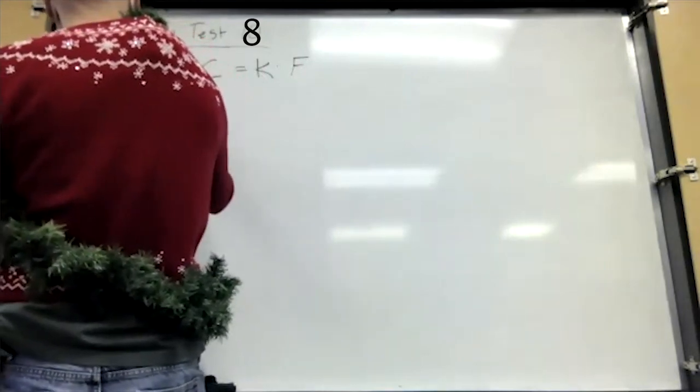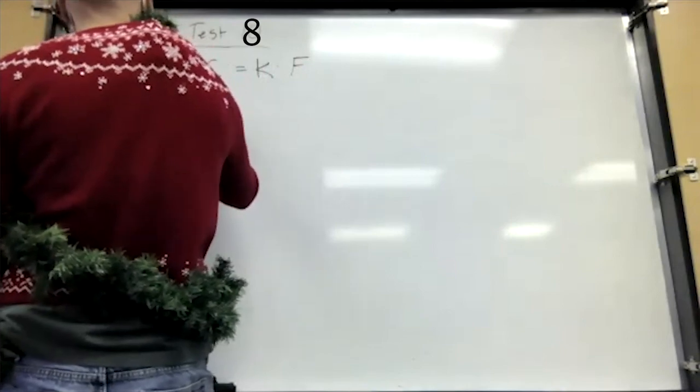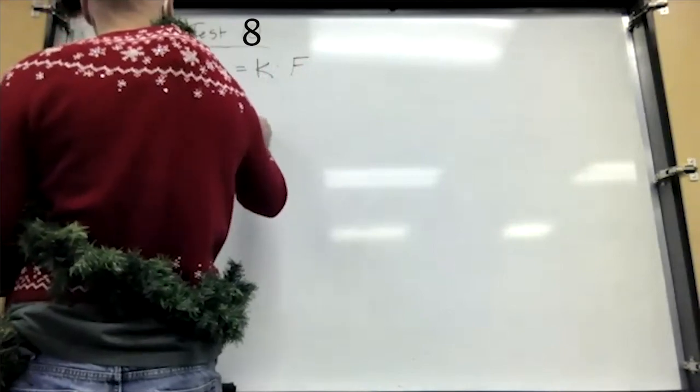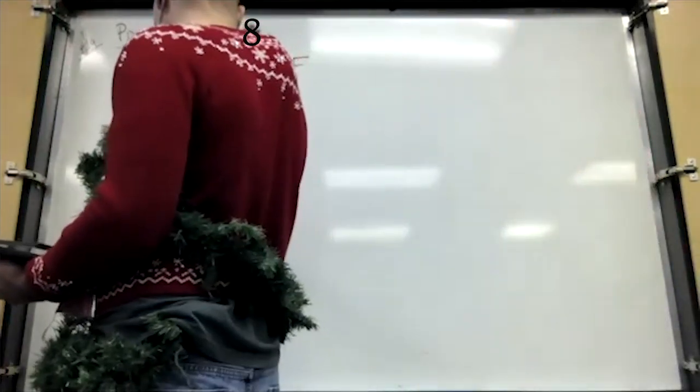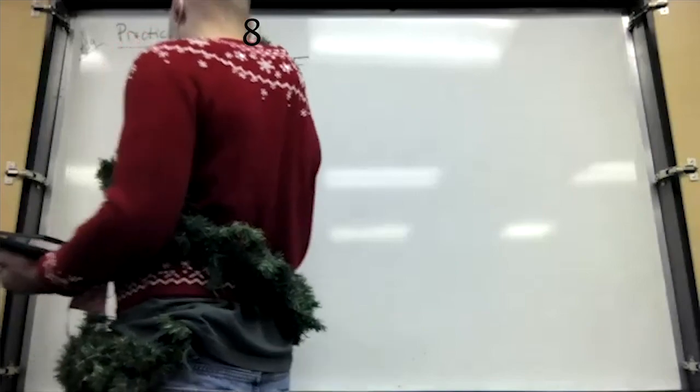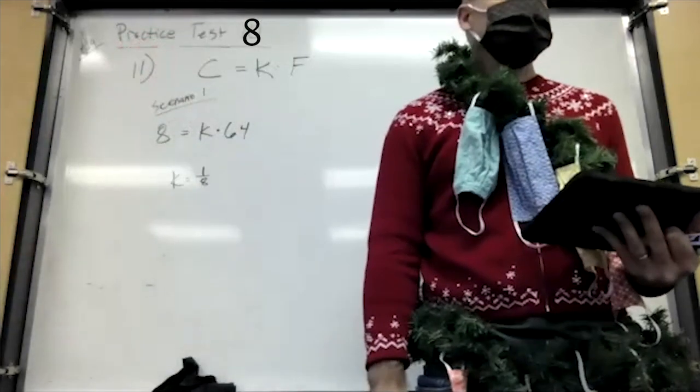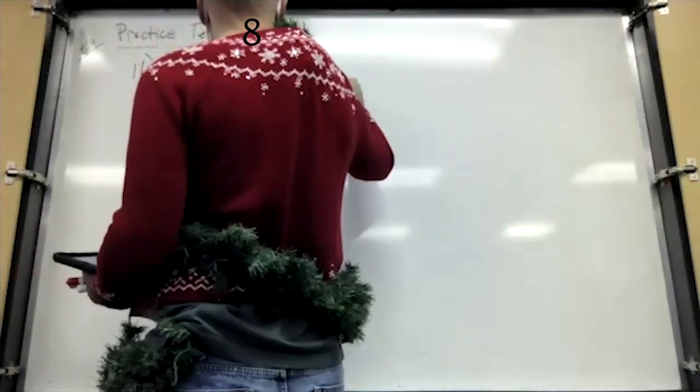Eight cups. There are 64 ounces. Okay? So let's figure out what K is. What's K? K is 1/8, right? So now we're going to plug our 1/8 into scenario 2.